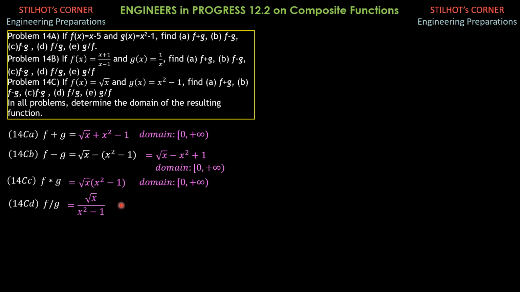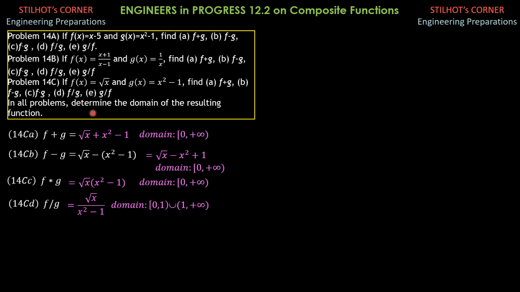So the domain is the interval from 0 to 1, because 1 is not included, union with the interval from 1 to positive infinity.